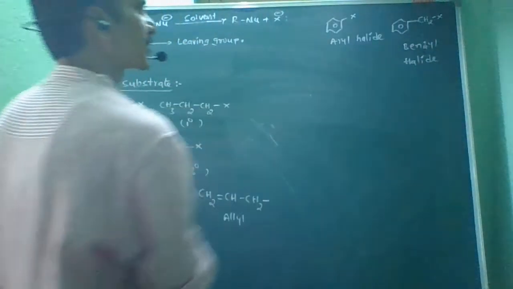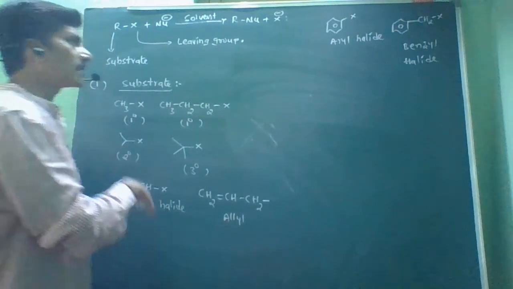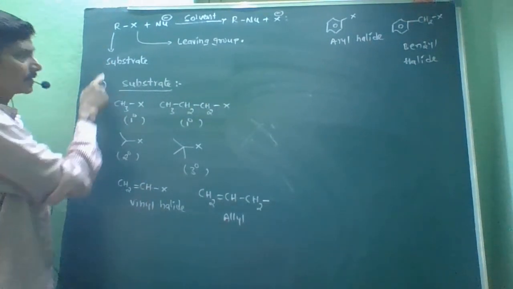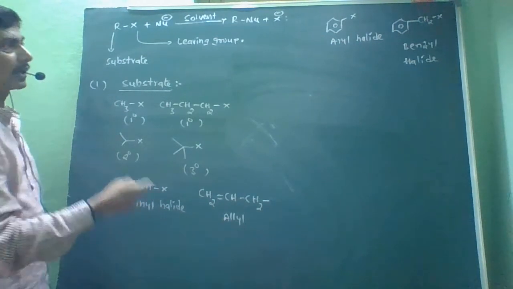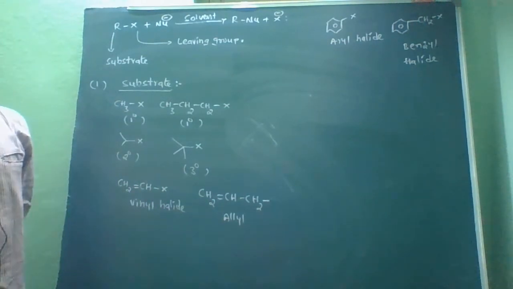So these are some substrates. Anything can be a substrate, meaning R may be 1-degree, 2-degree, 3-degree, vinyl, allyl, aryl, as well as benzyl.